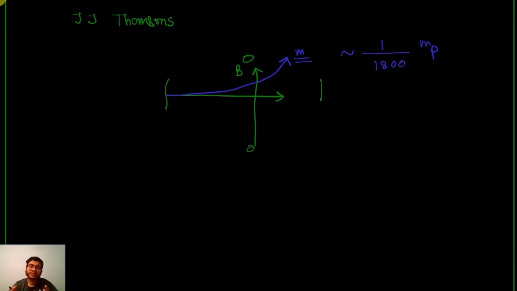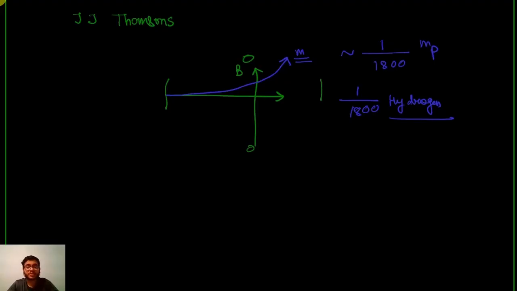So J.J. Thomson inferred from this experiment that there are particles in the atoms which are smaller than the hydrogen atom. Protons and electrons were not yet formulated separately, but he saw that there is some particle which weighs 1 by 1800 times a hydrogen atom.